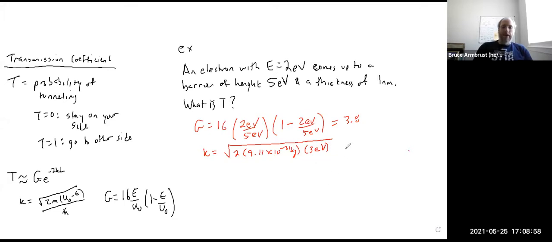But real quick, we should probably convert that to joules, because if we've got kilograms, we need our energy in joules. And 1 electron volt is 1.6 times 10 to the minus 19 joules per electron volt. Let me clean that up a little bit.